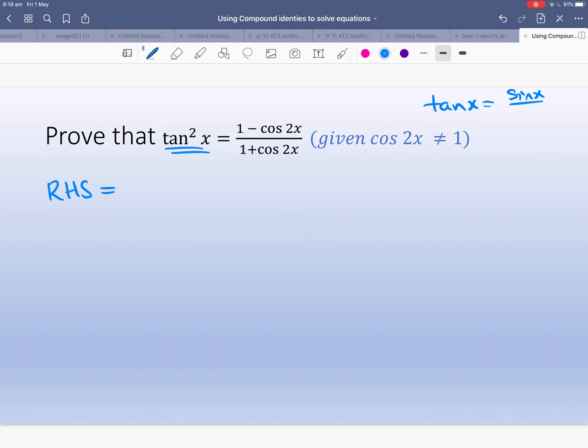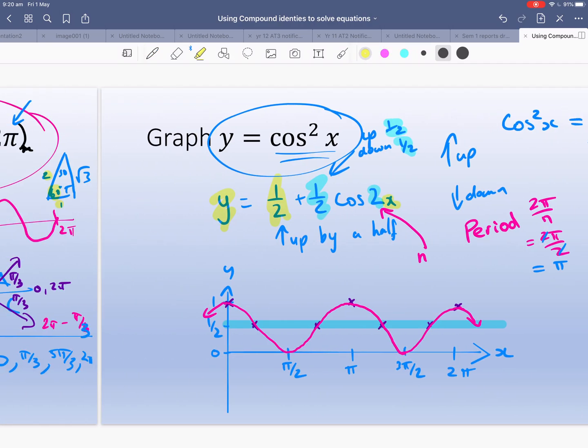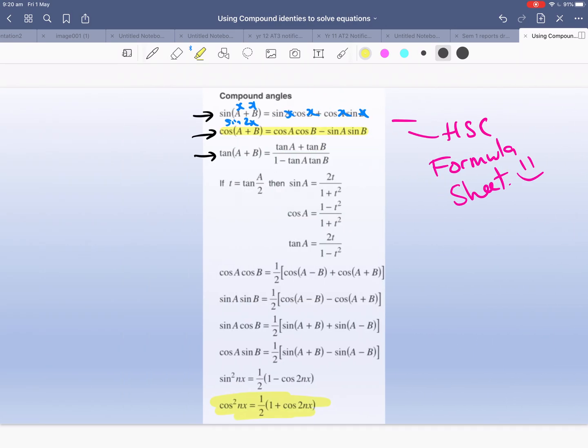Now I'm just going to write a few hints for myself. I know that tan equals sine over cos, okay? So I'm going to use that knowledge. Now, because of that, I can see that this cos 2x is powerful, and if I look at my formula sheet, these are all cos 2x.